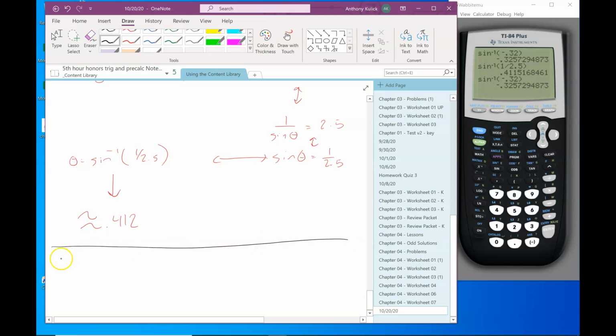One last example and then we'll be done here for today. We're asked to find an algebraic expression for sine of arc cosine of 2x.